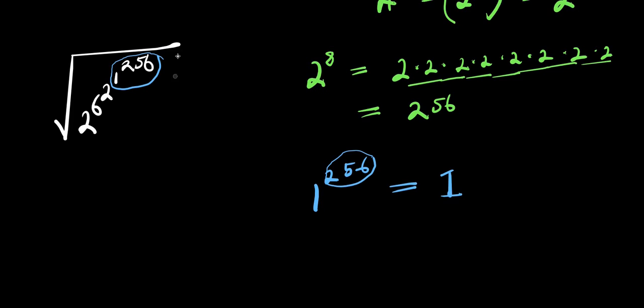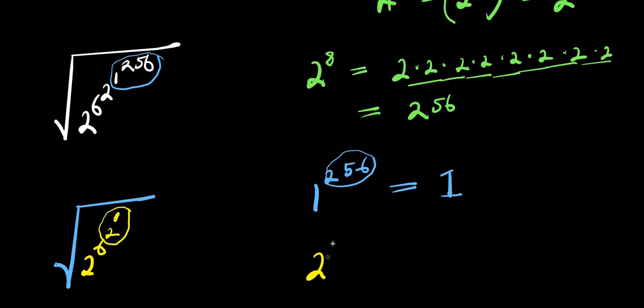Now, let's consider it here. So this becomes, we have square root of, this is 2 to the power of 6 to the power of 2 to the power of 1. So the next step will be for us to consider 2 to the power of 1.